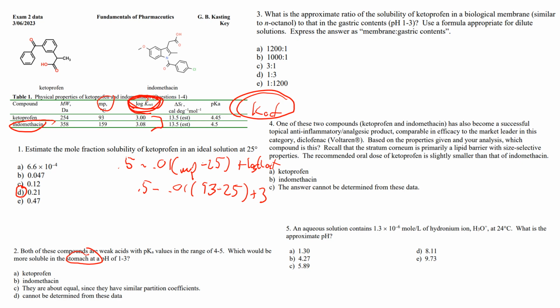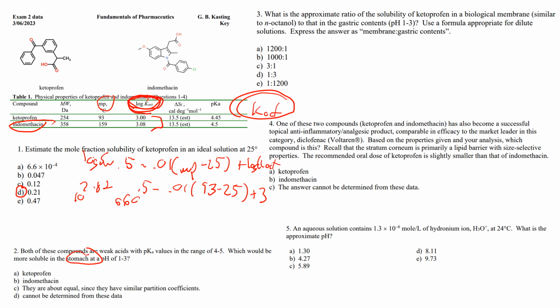So for this one, we get 2.82. And remember, on this other side of the equation, I didn't write it down, but it's the log of the water solubility. So we do need to raise this to the 10th. So 10 to the 2.82. We get a value of 660, roughly.